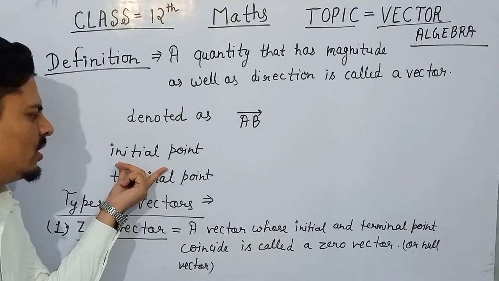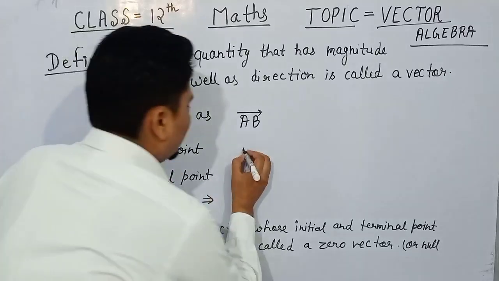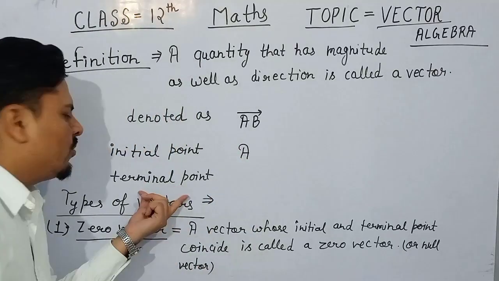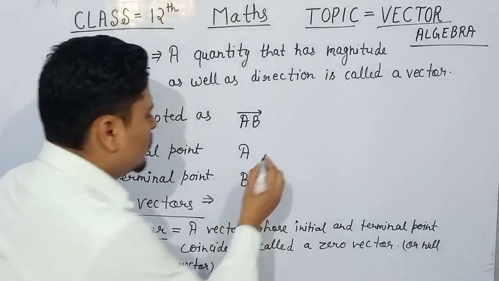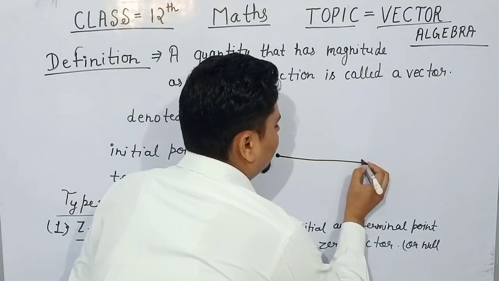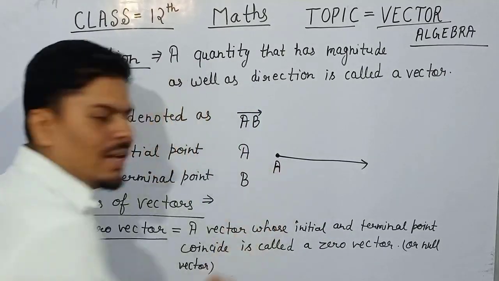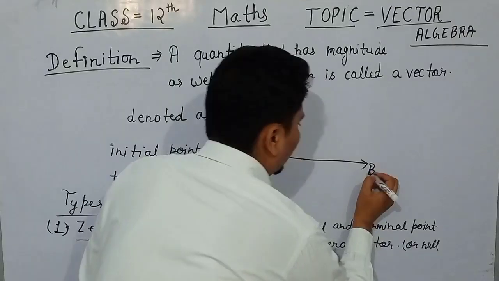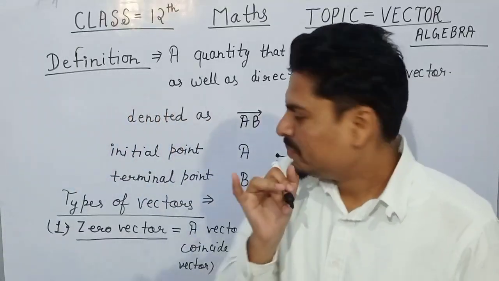What about the initial point and the terminal point? The initial point is A and the terminal point is B. When the vector goes from A to B, A is the initial point and B is the terminating point, which means the final point.